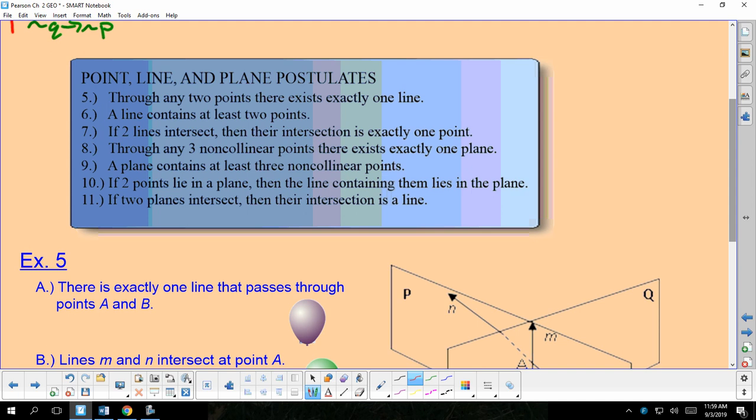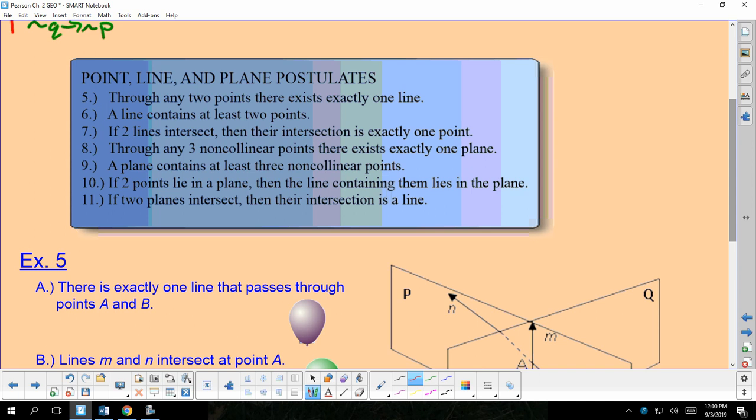If two lines intersect, then their intersection is exactly one point. Through any three non-collinear points, there exists exactly one plane. This is stuff we're doing in 1-2. A plane contains at least three non-collinear points. If two points lie in a plane, then the line containing them also lies in the plane. And if two planes intersect, then their intersection is a line.